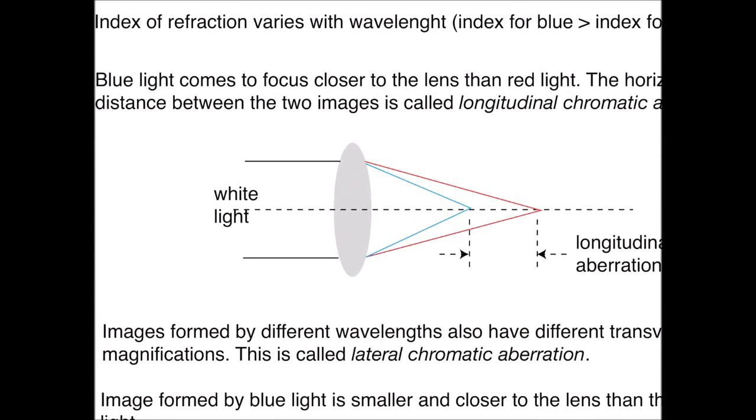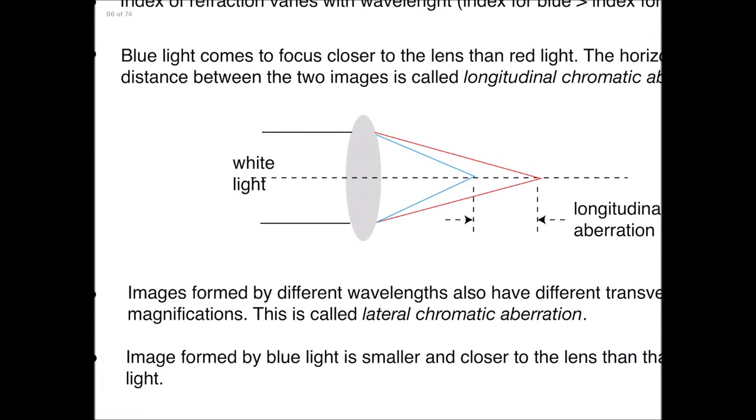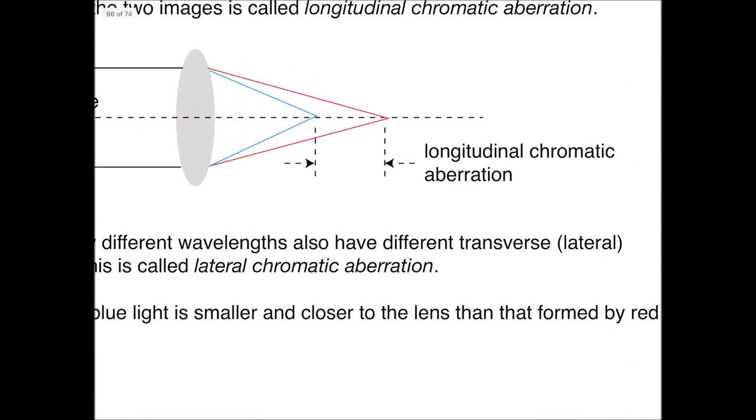The blue part will come to a focus closer to the lens, and the red part will focus further down the optical axis. This distance between the focus points of the blue and red light is called the longitudinal chromatic aberration.